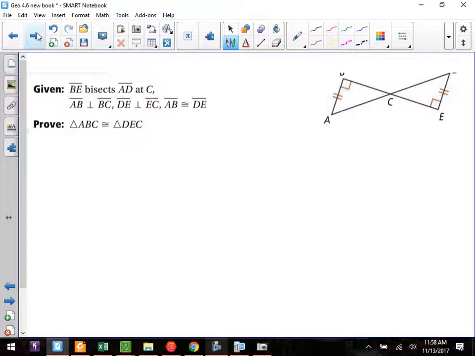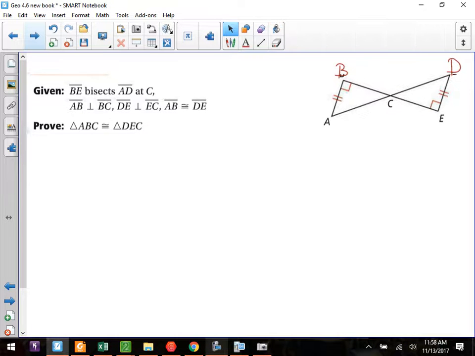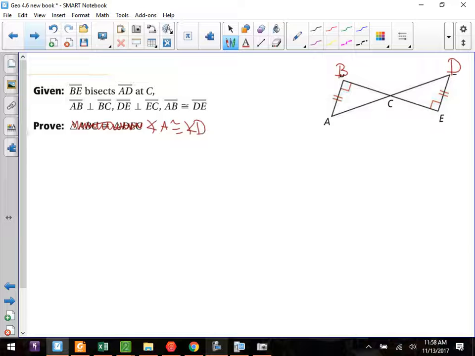This one didn't show up as well. So it has a segment bisector thrown in it. Let me change this up.